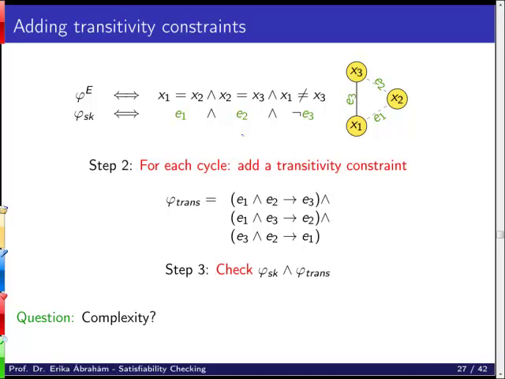So all simple cycles are contradictory. How many? So if we have exponentially many cycles, then we have exponential blowup. Exactly. Can we have exponentially many cycles? Yeah.